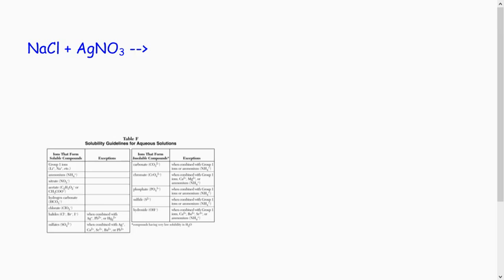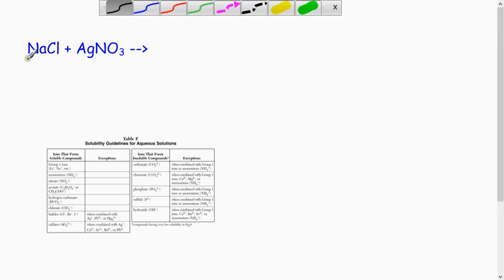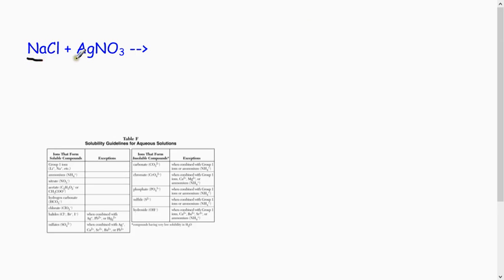So, just like we saw with the last one, silver nitrate and sodium chloride, to figure out what the products will be, I know that I have sodium is my positive, silver is my positive. Those two are going to be paired differently, which means the silver needs to end up with the chlorine. So Ag goes with Cl. This is a compound, so to find the subscripts, I would look up the charges.